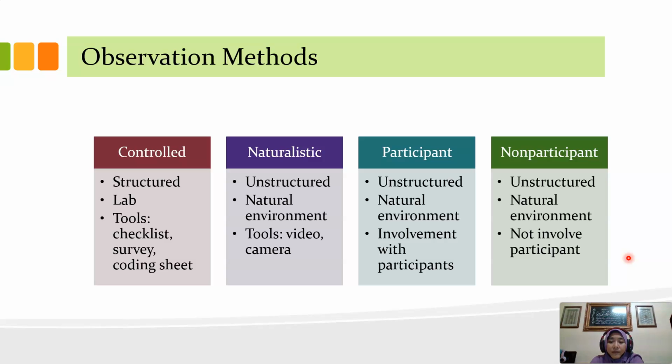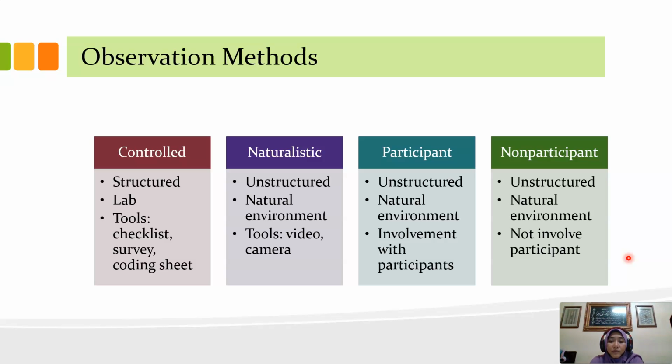For non-participant, it is also unstructured, and it is also in the natural environment. You want to have observation on the natural environment. And then for participant, of course, it involves participants.